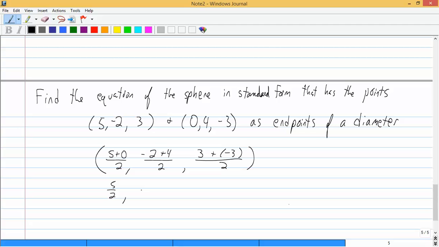No, it'd be 2, right? Is it 2? Yeah, 1. Okay, somebody was doing that right. All right, good. And then what would the last one be? 0. So that's the center of our sphere.